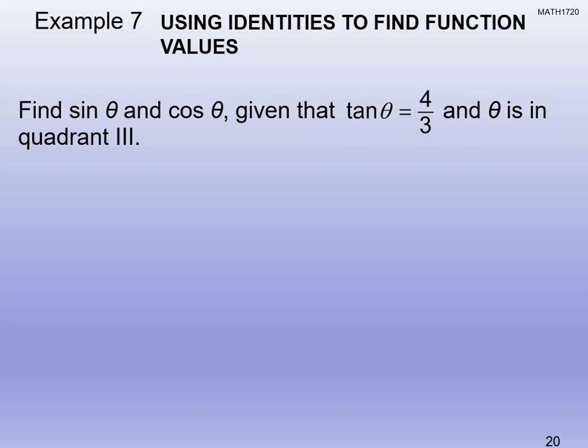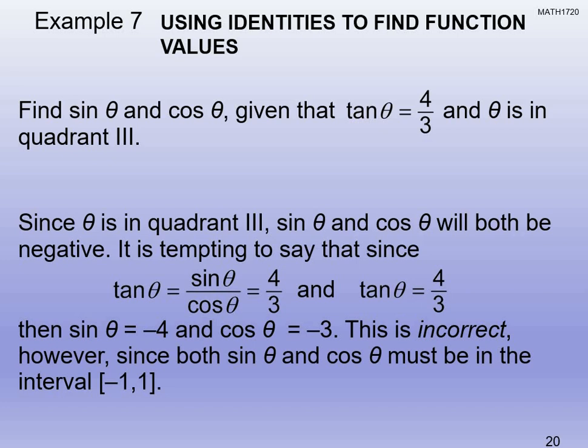Just because tangent of theta is given as 4/3, that's because the negative over the negative became a positive. So we have to know that since we're in quadrant 3, when we do our sine and cosine ratios, those have to be negative. So how do we know?